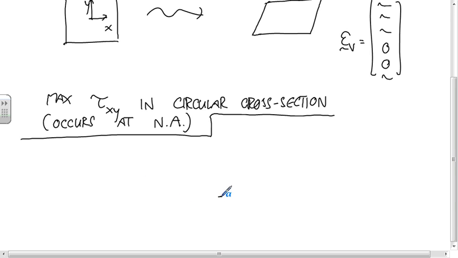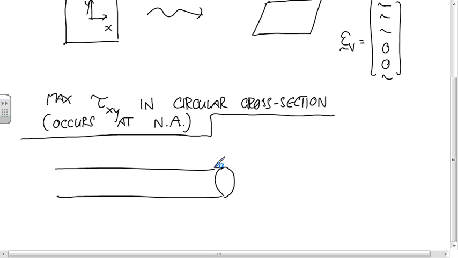Okay, so if our beam is like this with a circular cross section, and X is this way, Y is this way, and Z is out towards us, and we have some shear force V, the maximum shear stress is going to be along the neutral axis.